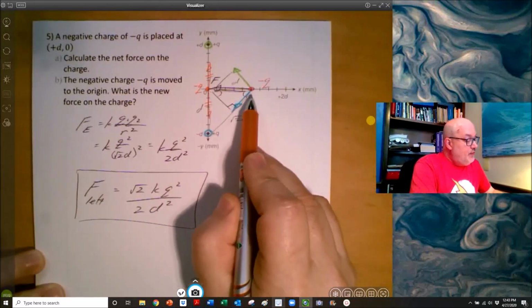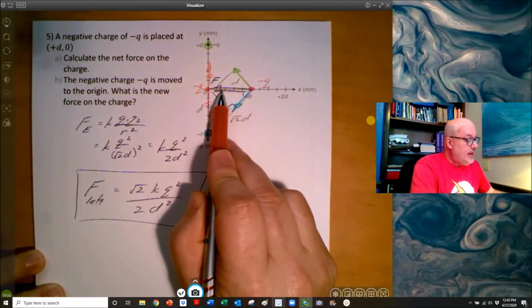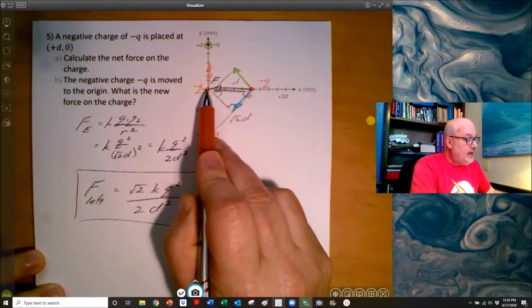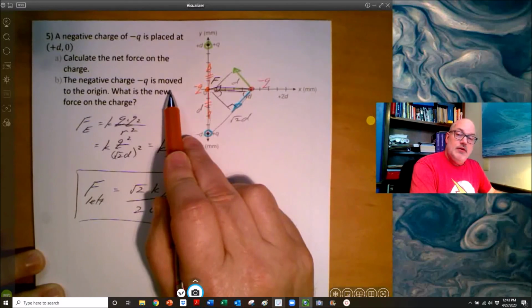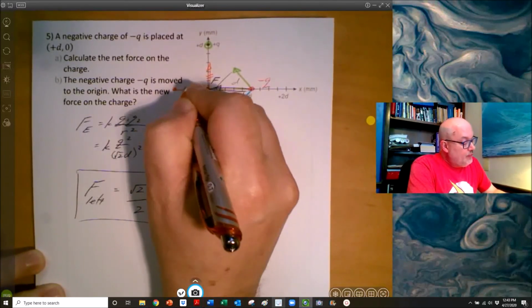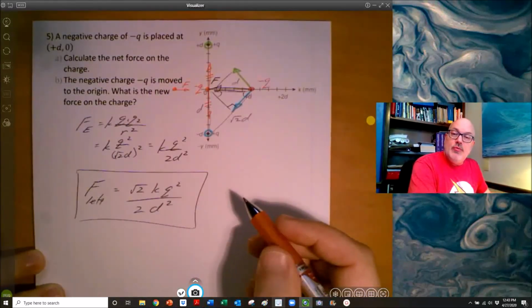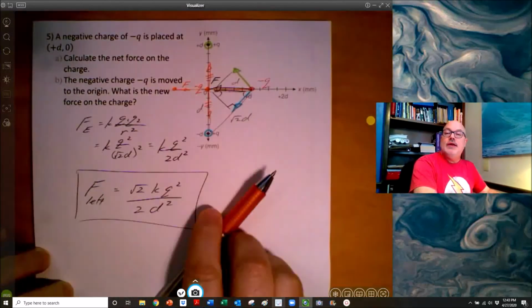Now, if we happen to release the charge from here, it will accelerate to the left, but when it gets to the center, there's no force, so it will shoot farther to the left. It'll overshoot the origin. And when it gets over here, it's going to end up with a net force back. And that's simple harmonic motion. This thing will move back and forth and oscillate.